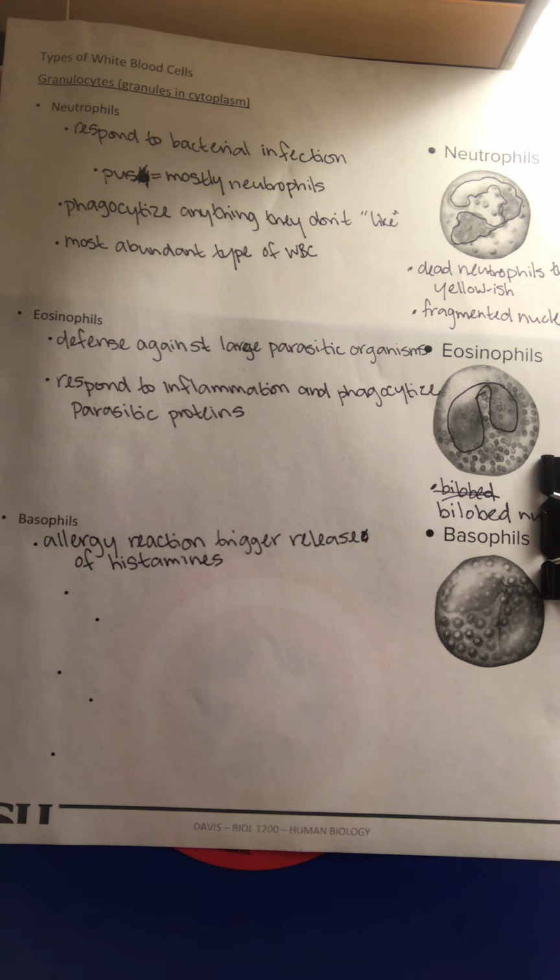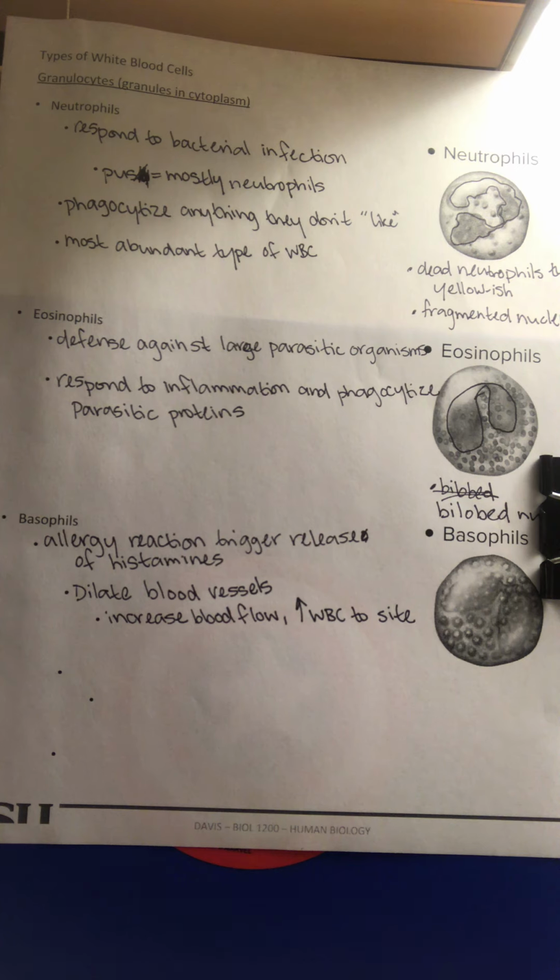The crazy thing about basophils and their triggering of histamine is that histamines can actually lead to fatal reactions because the body gets overly excited to deal with this allergy.